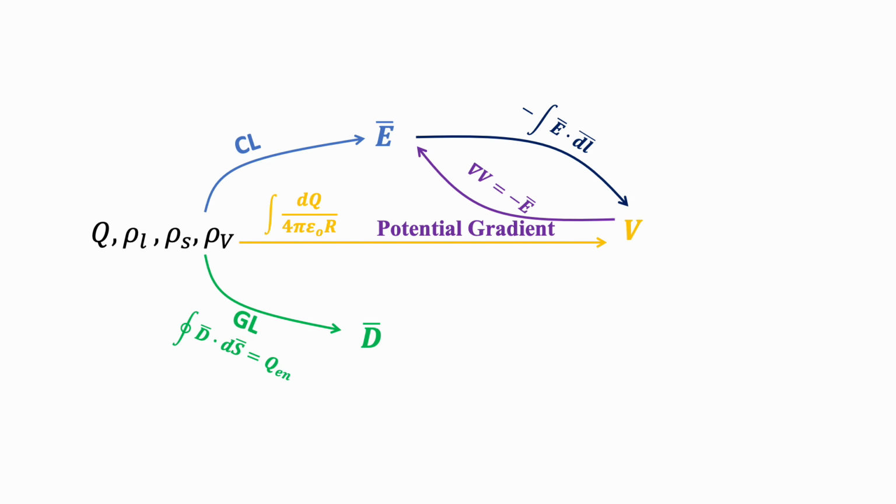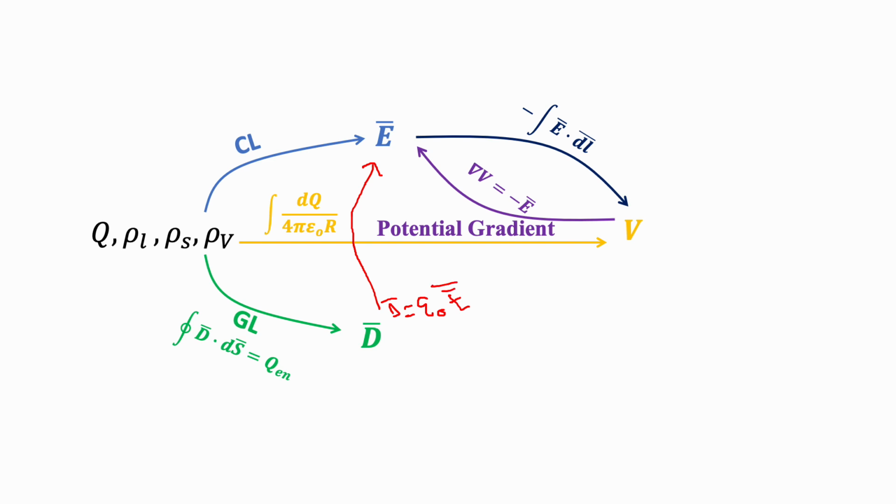And also how to get the electric field intensity by using D equals epsilon naught E.